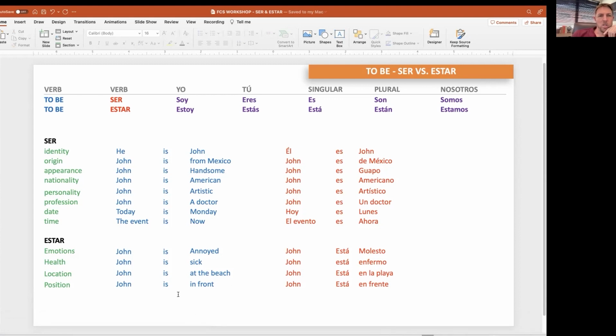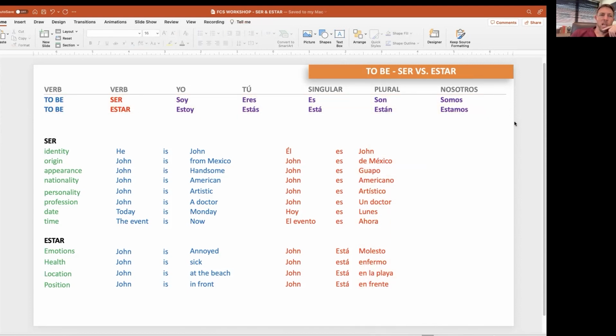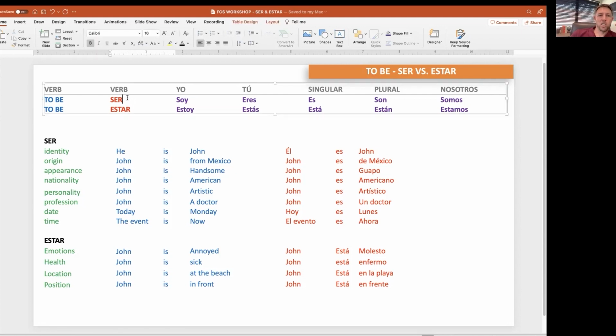All right. So we've learned when to use Ser and Estar. Now we have to learn how to do them in the right way, meaning conjugate them. What you can see here are what are called the verb conjugations. In Spanish, a verb changes, same as in English.